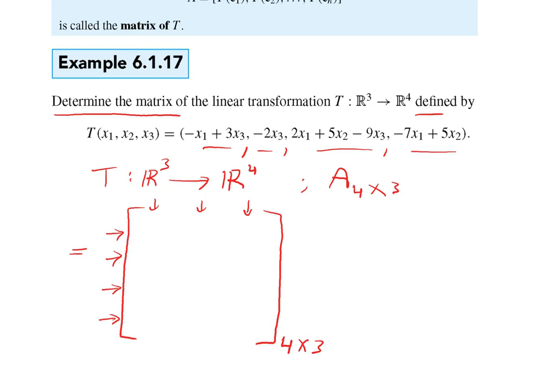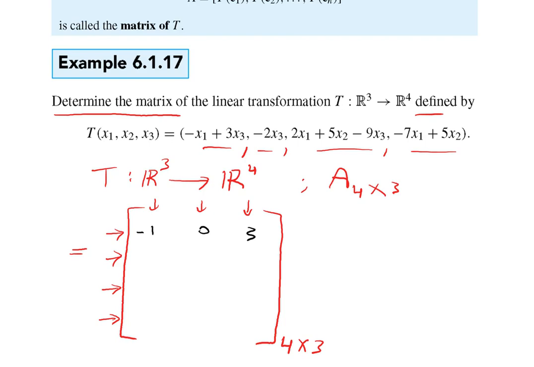I'll write the first one, and hopefully I'll slow down so you can see how we could follow me writing the second one. So I'm going to write -1. I'm going to write 0. I'm going to write 3. Okay, try to see where I got this from.